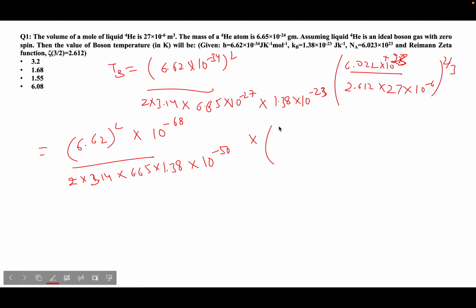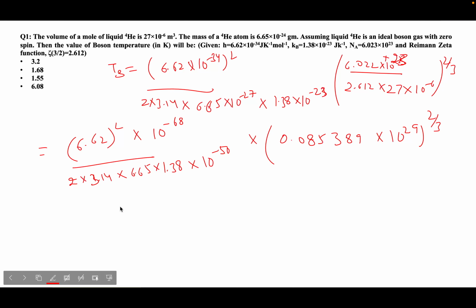So quickly I will use the calculator: 6.022 divided by 2.612 and 27, this is equal to 0.085389 into 10 to the power 29 to the power 2 by 3.